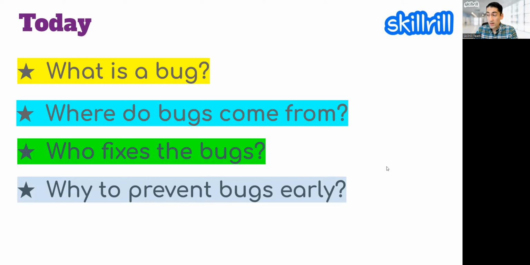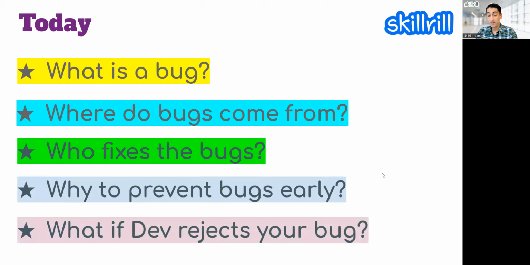And also, why is it important to prevent the bugs earlier, right? Why is it important to prevent the bugs rather than detect the bugs? There's a difference. You can prevent it, and if you don't prevent it, then you're going to have to spend time in the future to find it and to remediate it and close it.